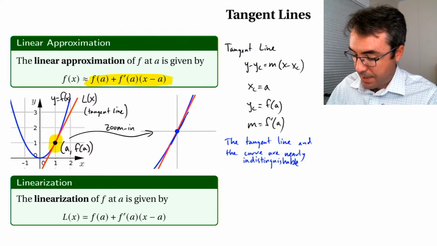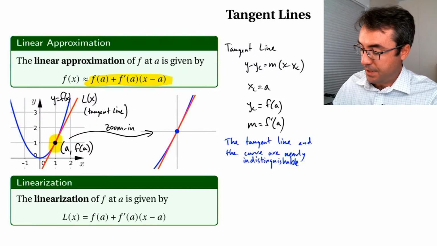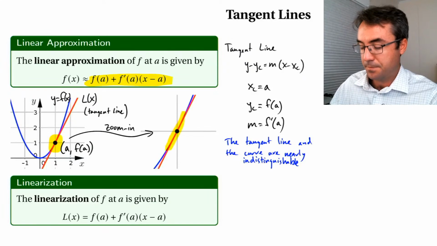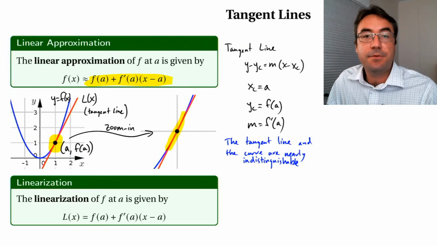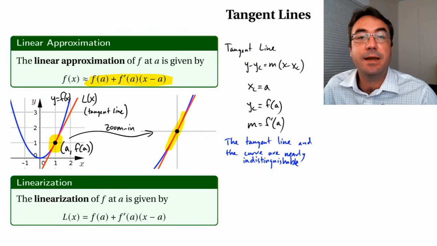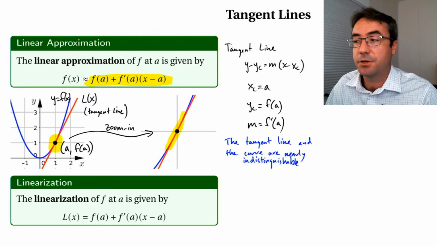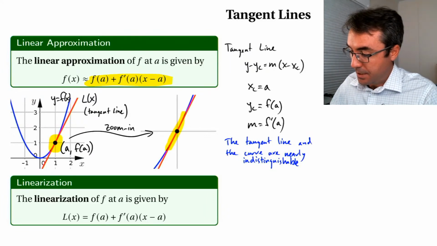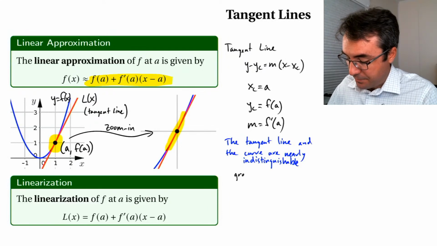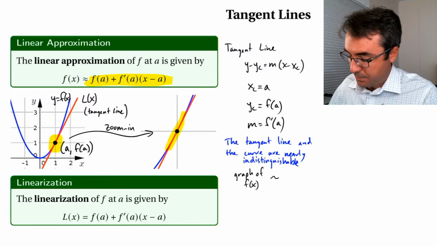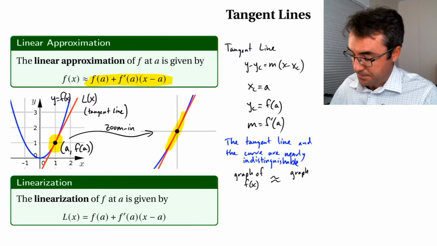So right around that point of tangency there, you can't really tell the difference between the tangent line and the actual graph of our function. So the graph of f is approximately the graph of our tangent.